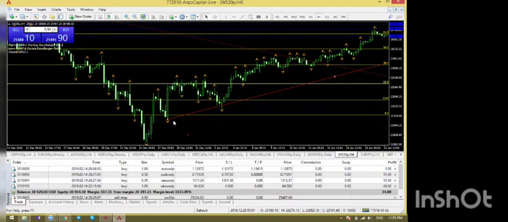So this is a movement. Is that correct? So your first swing low has been moved. What is the confirmation? You see in here, let me explain it for you. Yeah, good job.